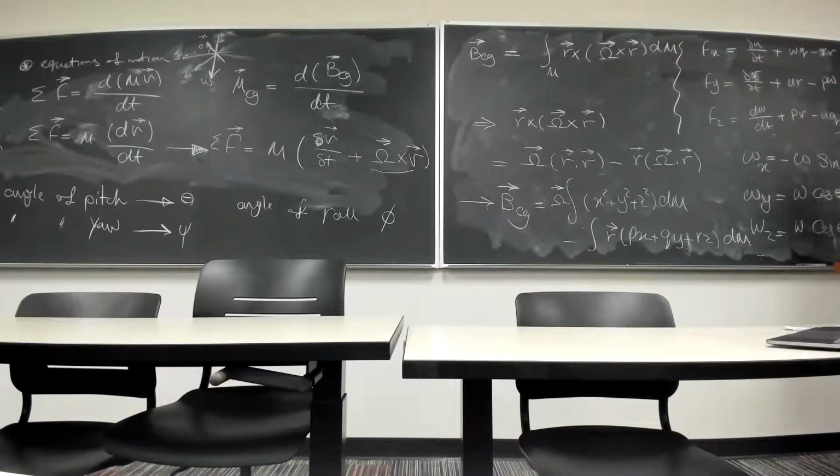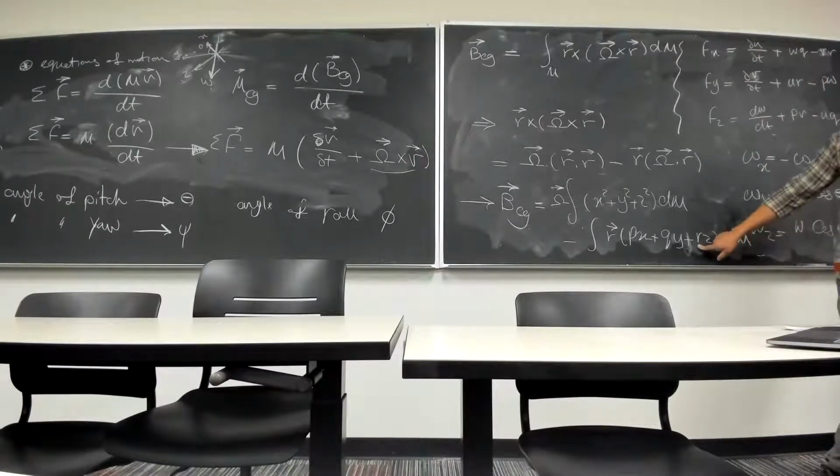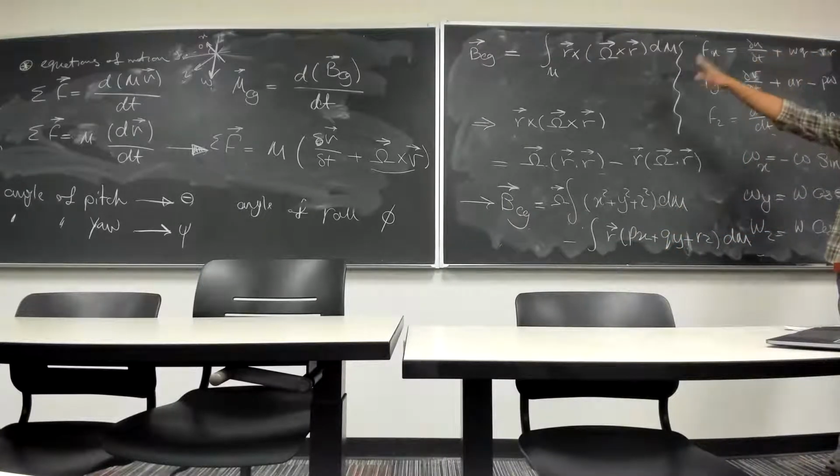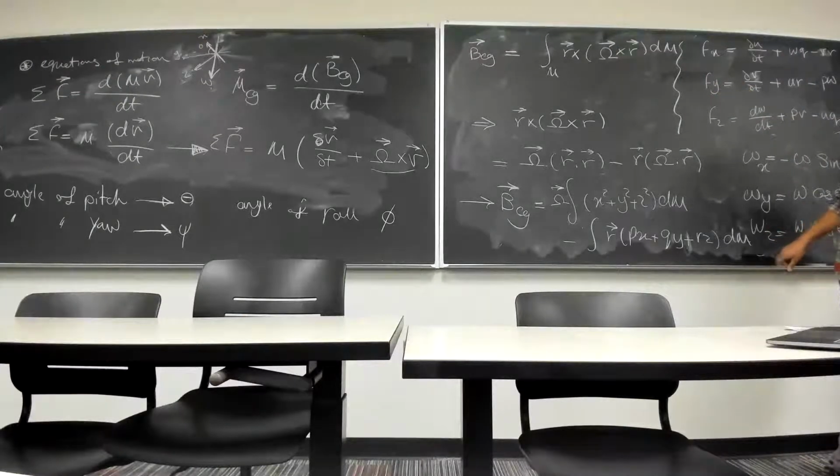Something you have to make sure you are not confusing: this R refers to one of the components of your angular velocity, but this is the vector R, which is xi plus yj plus zk. This is just a location vector.